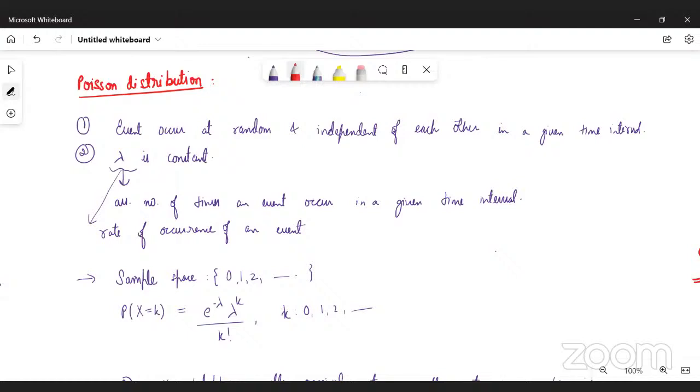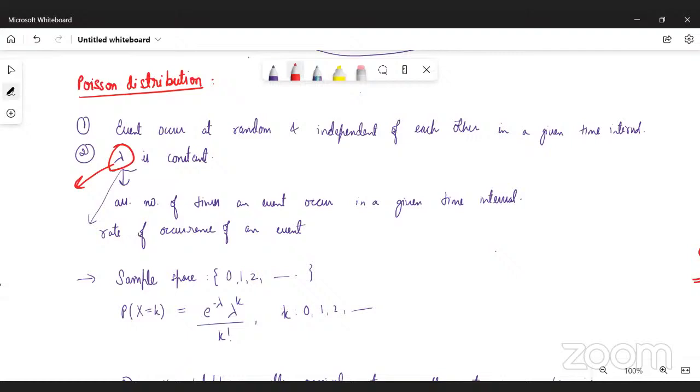All right. So in case of Poisson distribution, all the events that occur in a particular time interval should be independent, and the rate of occurrence of the event, which we denote by the parameter lambda, should also be constant.